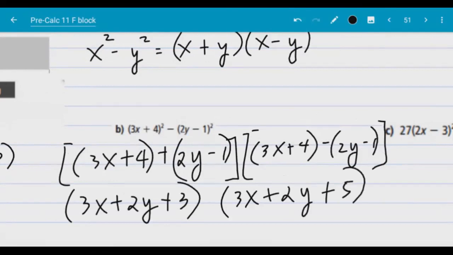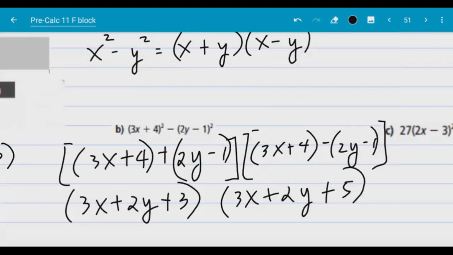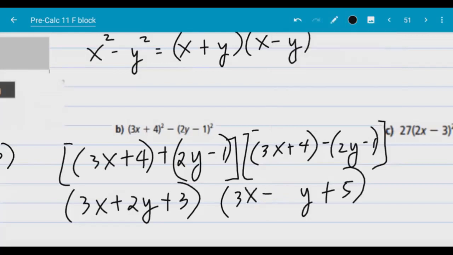All right? So our final answer is 3x plus 2y plus 3 times 3x. No, that's not plus 2y. That should be this one here. All right? So good thing that I was paying attention. Okay. So this one should be a negative. Now, just in case you're like, okay, I got confused.